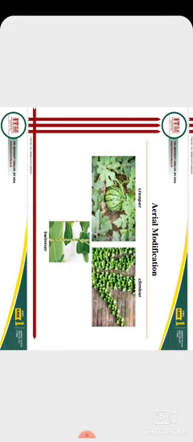First is aerial modification. Some examples are given here: climbers, creepers, twinner. You can search many more examples of aerial modification on Google.